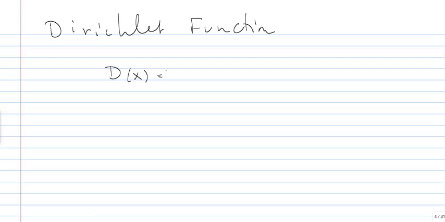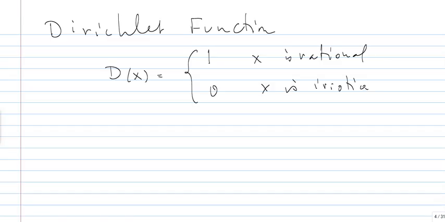This is one of the fundamental reasons why the Dirichlet function, let's call it d of x, which is 1 if x is rational and 0 if x is irrational, is a problem.